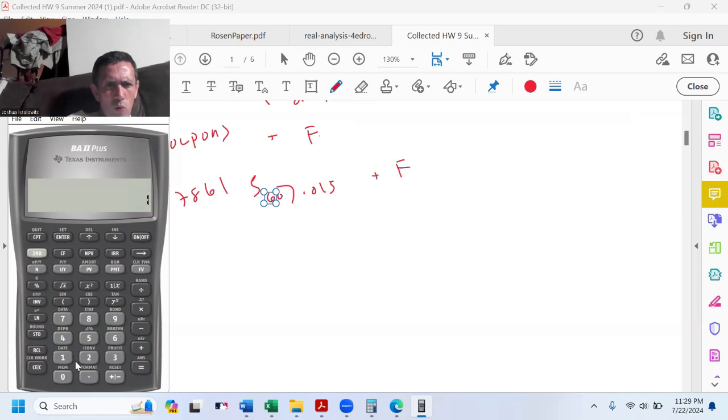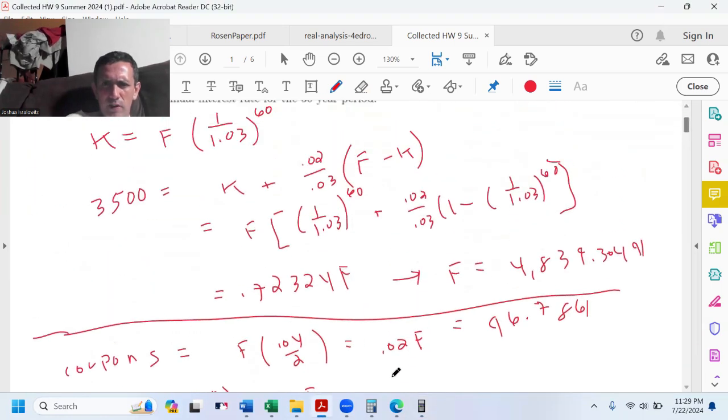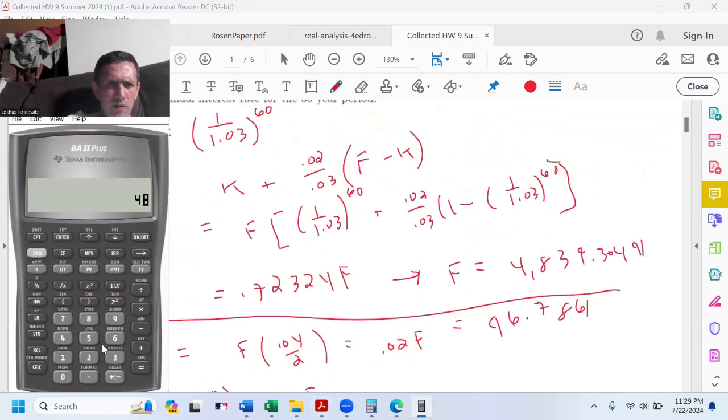N is 60, 1.5% interest, future value. I don't know what happened there, but let's just take this here plus what we had for F. $14,151.55.